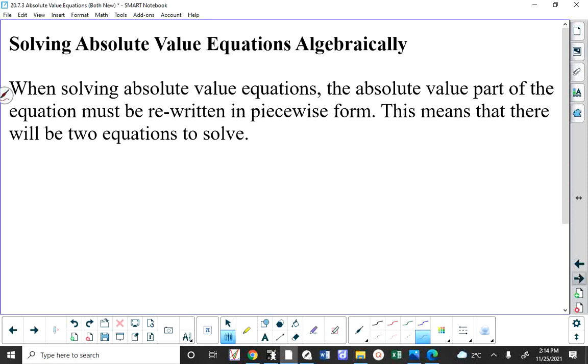This is really the reason. I don't really particularly care if you can write a function as piecewise or not, but I care if you can or cannot solve an absolute value equation. And guess what you need to do to solve an absolute value equation? You need to write the equation in pieces. That's all. So when you solve an absolute value equation, you're going to rewrite the equation as two equations, just like you rewrite an absolute value function as two functions.